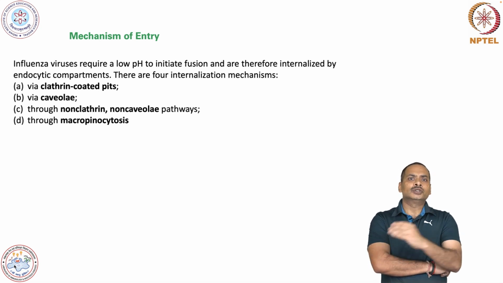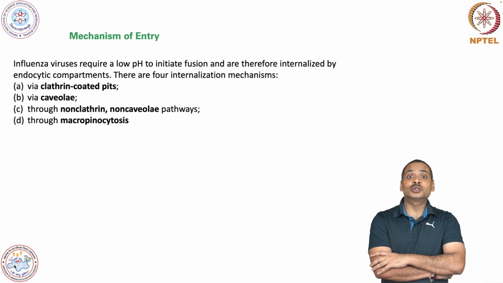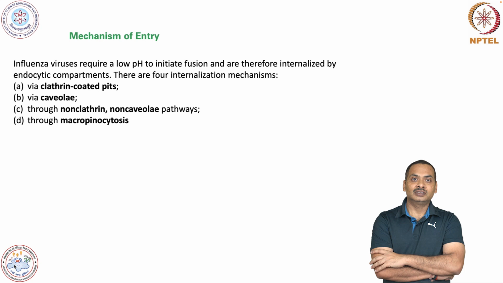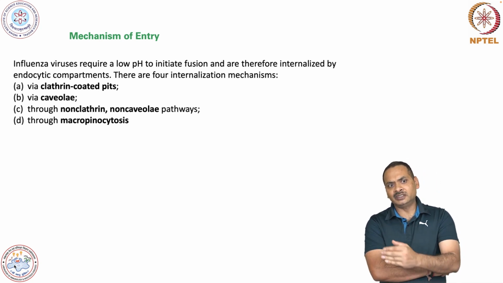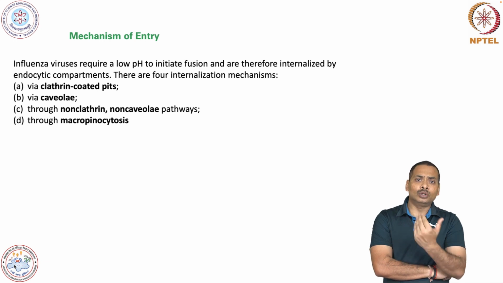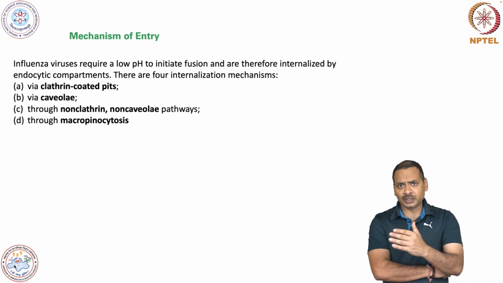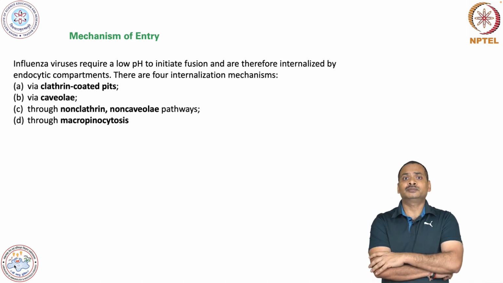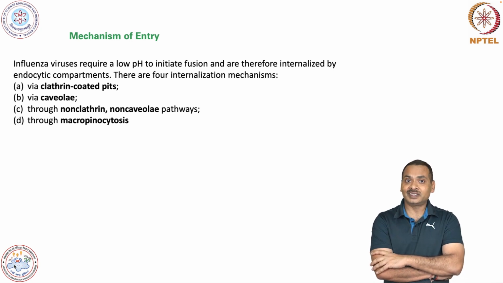The first and most important is clathrin-coated pit mediated entry. Another is caveoli mediated entry. There is also a non-clathrin and non-caveoli pathway, and this virus also uses those pathways to make a fruitful entry into the cell.